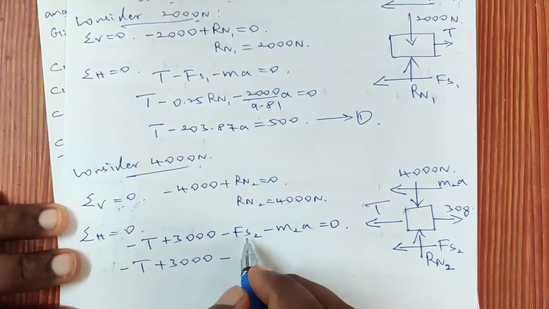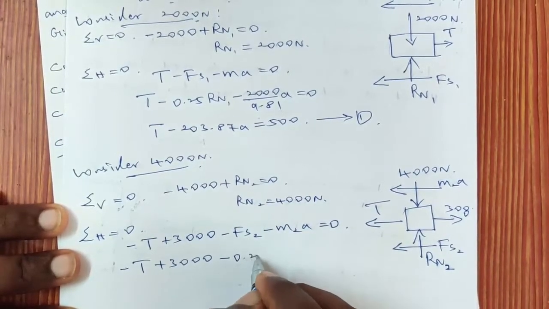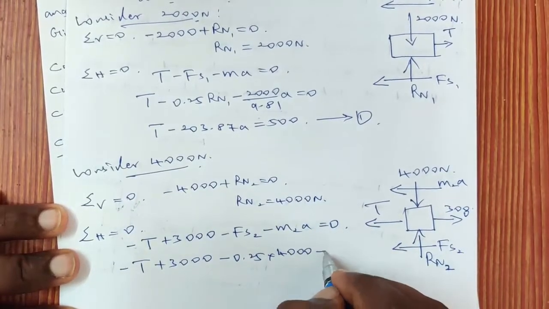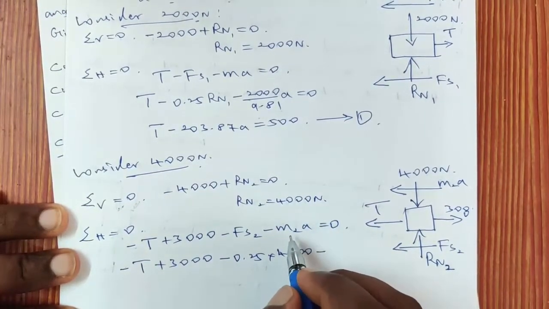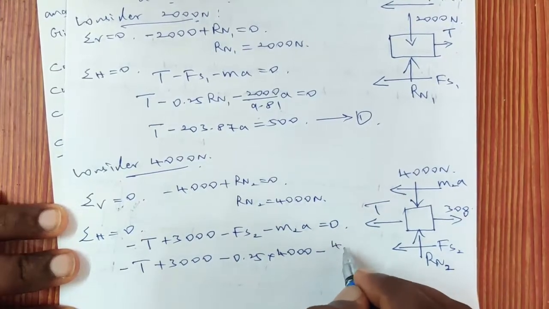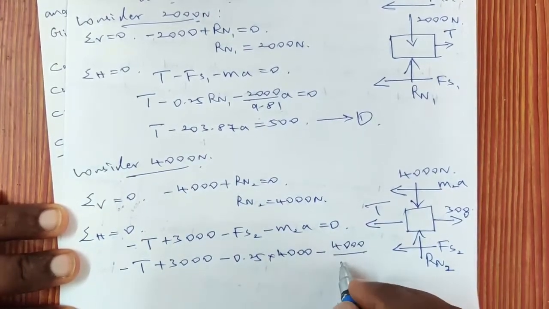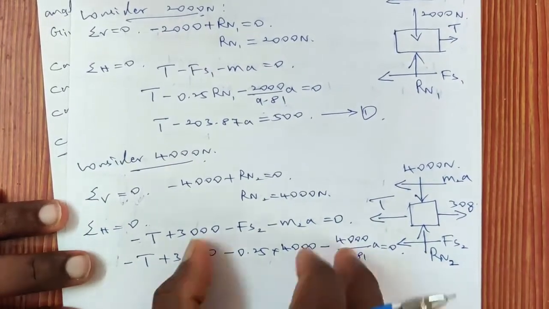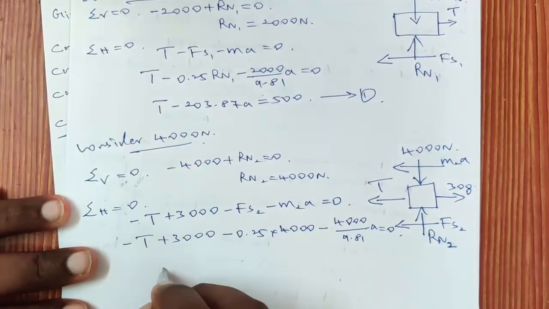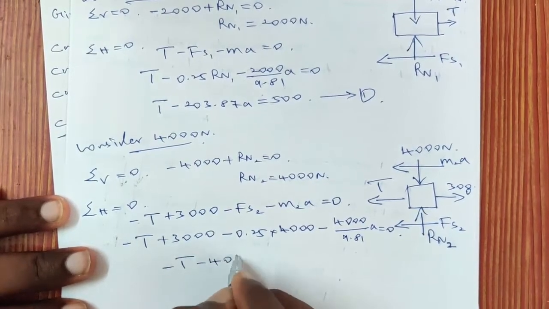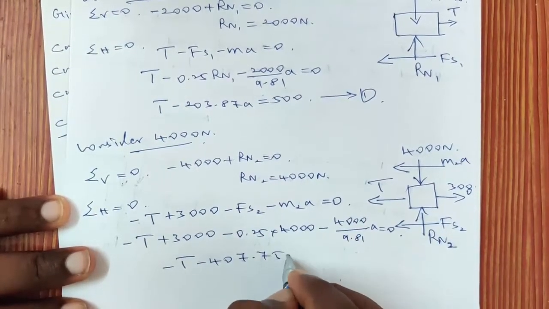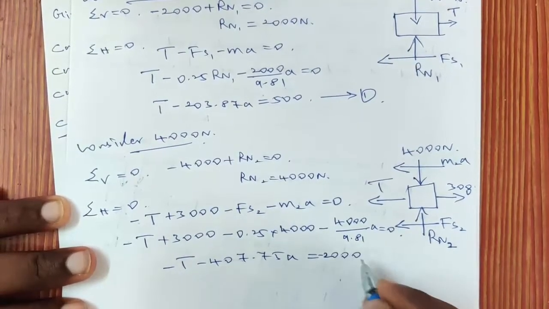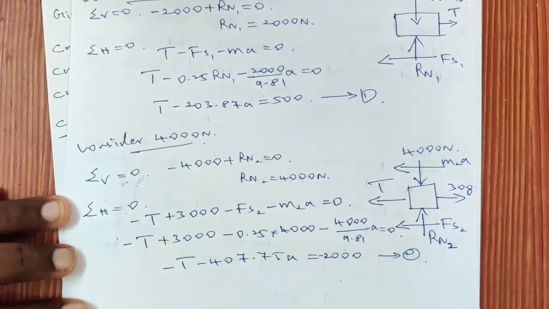The Fs2 is mu into Rn2, so mu is 0.25 and Rn2 we have already calculated, it is 4000 minus M2. So this is the mass of block 2, that is 4000 divided by 9.81 into A is equal to 0. So if you solve this equation, you will get minus T minus 407.75 A is equal to minus 2000. Keep this as equation number 2.